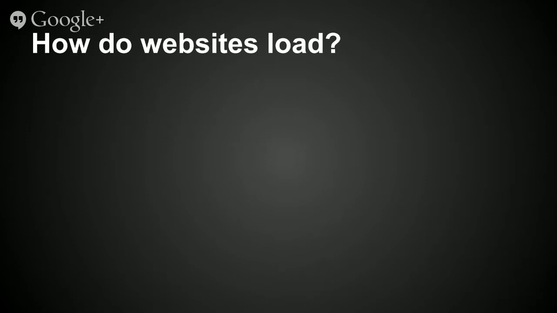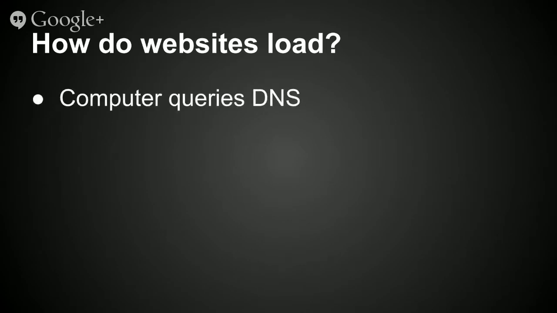how do websites load? Where can we get these bottlenecks that will occur? So when you go on your computer, when you go to load a web page, the first thing that your computer is going to do after you type in that domain name is it's going to query a domain name server. That's going to take the information that you've given it, and it's going to turn it into an internet address.